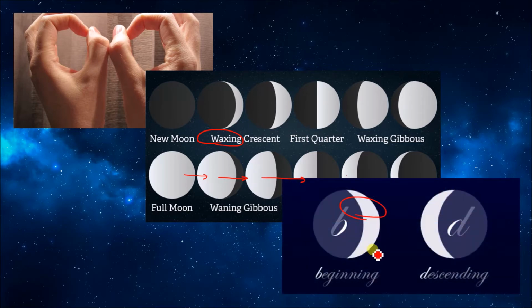Now you can remember the beginning of the moon is like this, because they're opposites. The beginning moon is like this, that's the waxing moon, and the waning moon looks like this. You can remember that by B looking like this, and the descending moon is like this.